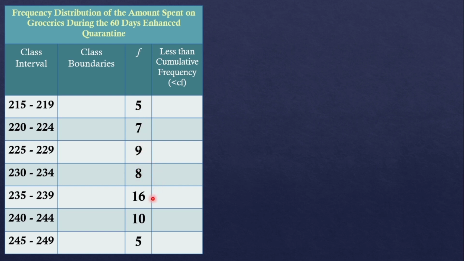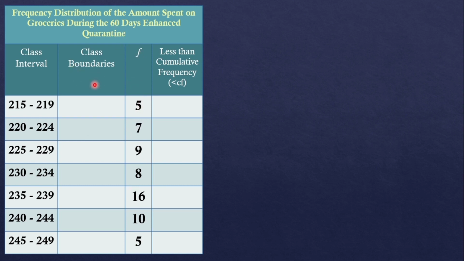And plus 8, that is 29. Plus 16, that is 45. Plus 10, that is 55. And plus 5, that is 60. So, this is the frequency for each amount. So, ang total po ay 60 since frequency is referring to the 60 days ECQ.